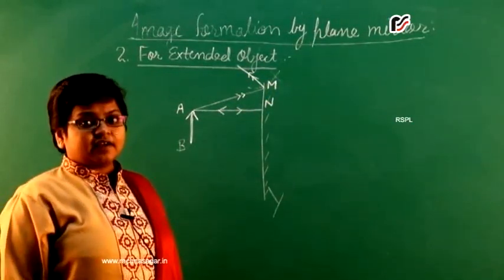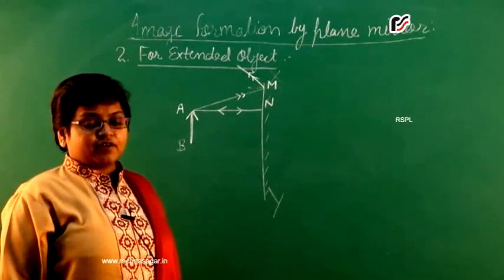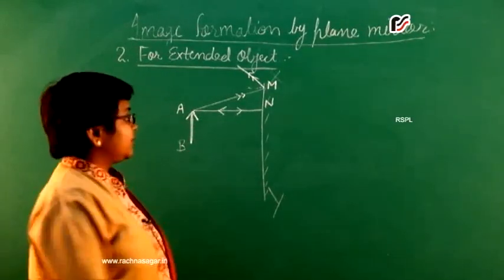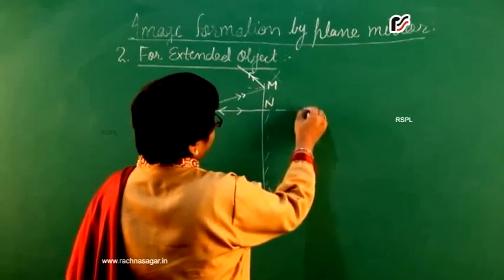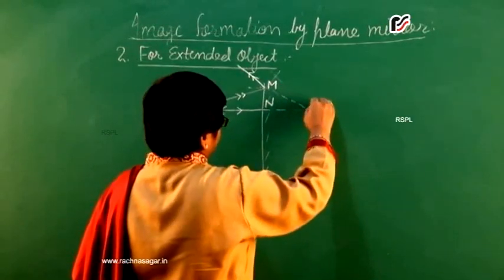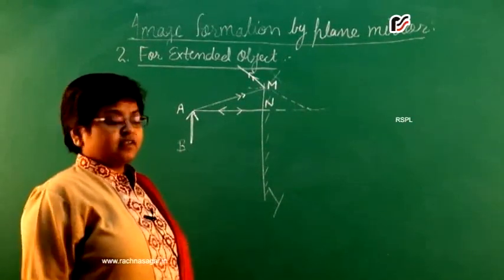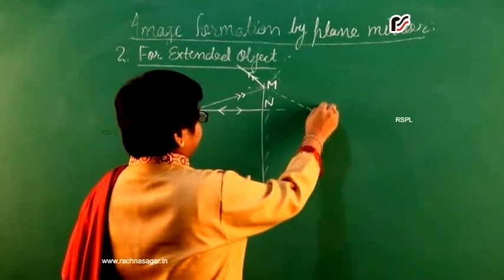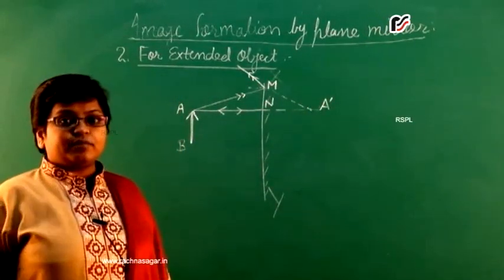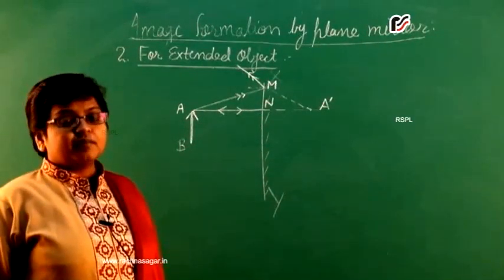Here again we observe that these two reflected rays can never intersect on the same side of the object. So we produce them in the back of the plane mirror. These two reflected rays intersect at point A dash. So A dash is the image of point A behind the mirror.